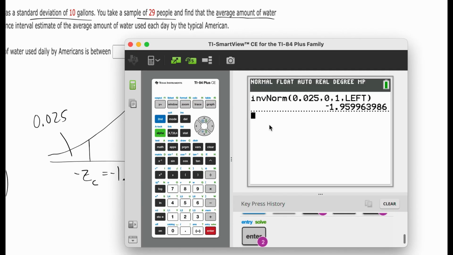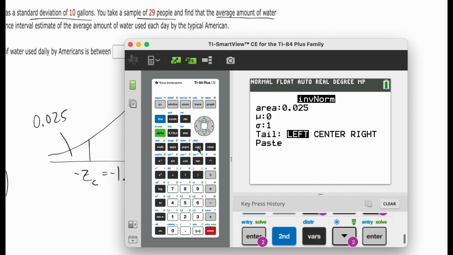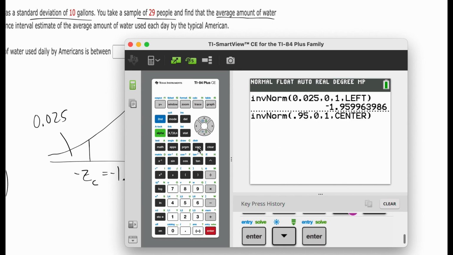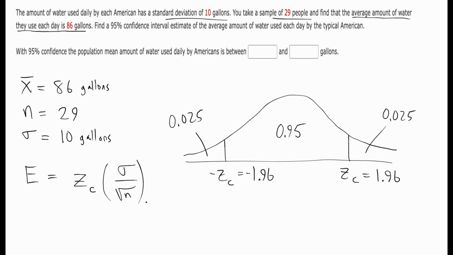An alternative way of doing it, though, would be to put in the confidence level, 0.95, and then we'll go to center, and that can give you the ZCs as well. Alright, so now we got the ZCs, and we're ready to calculate the margin of error.